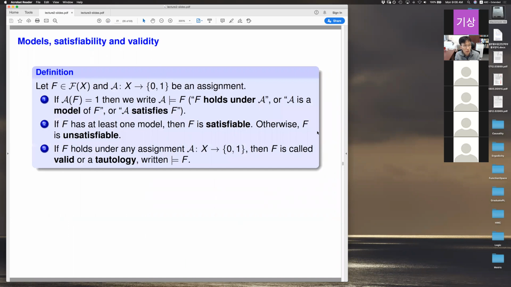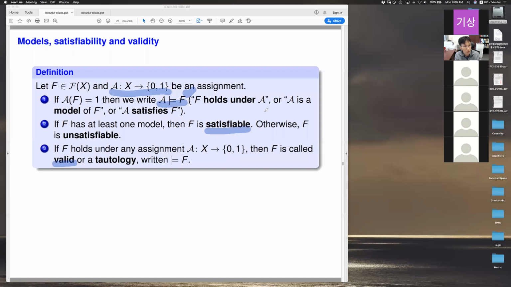These relations really say when the assignment, which assigns 0 and 1 to propositional logic variables, relates to a formula. The satisfaction relation that you see here describes the relationship directly.